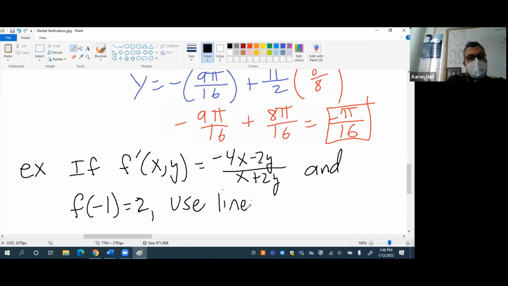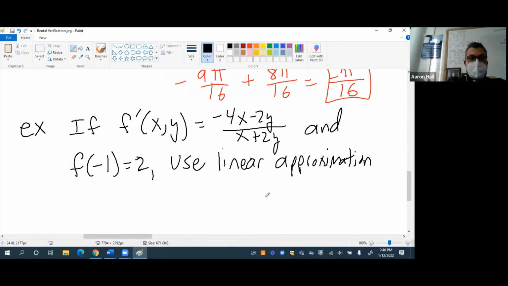Use linear approximation to estimate f of negative 0.9.